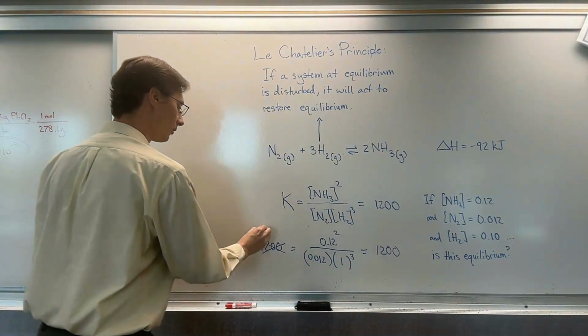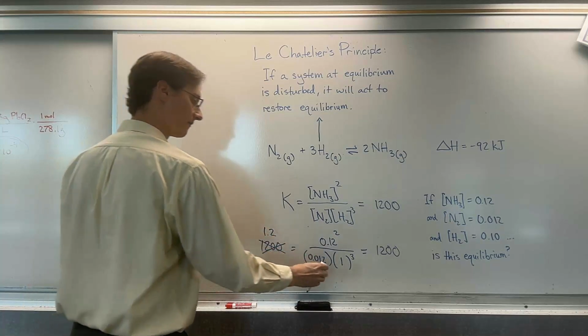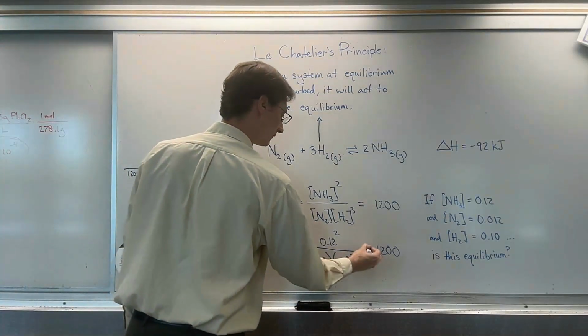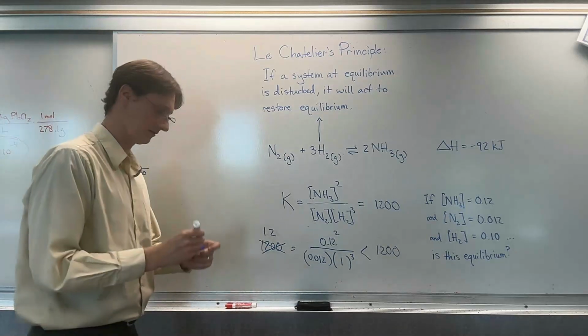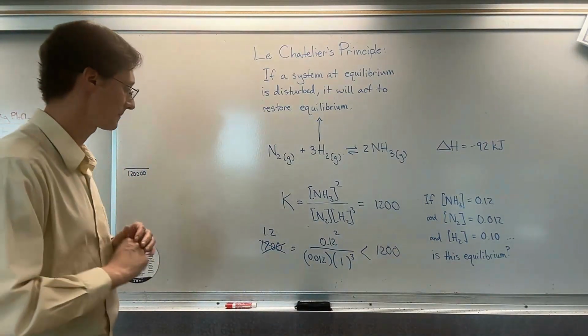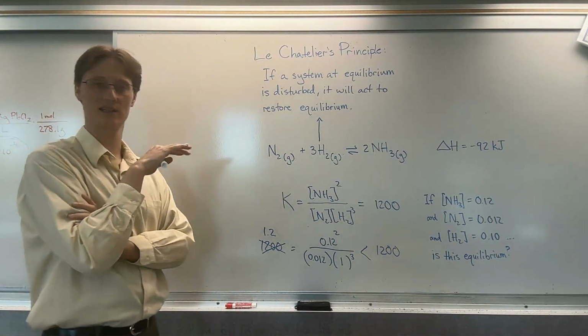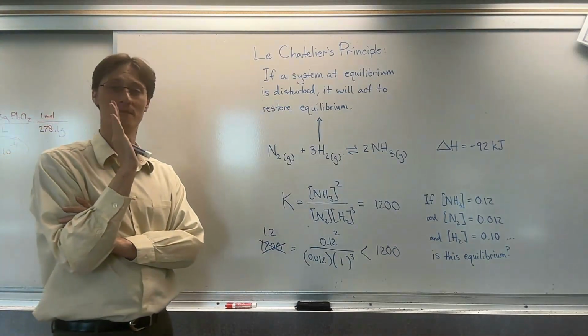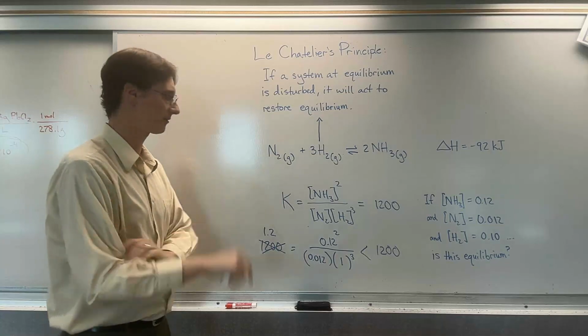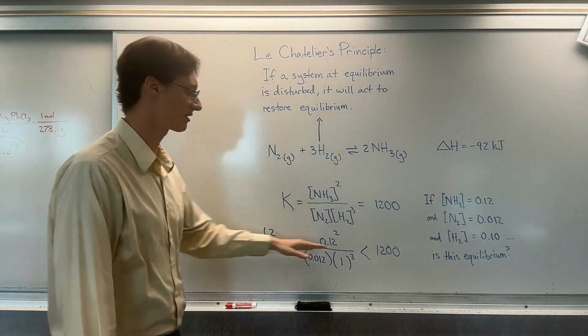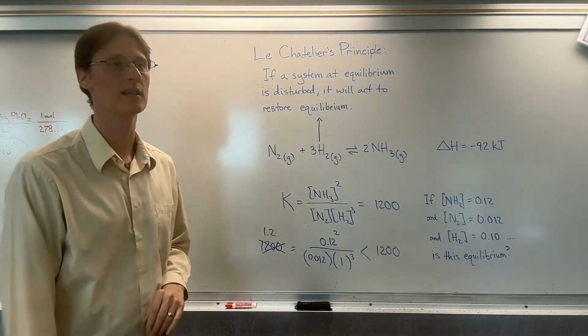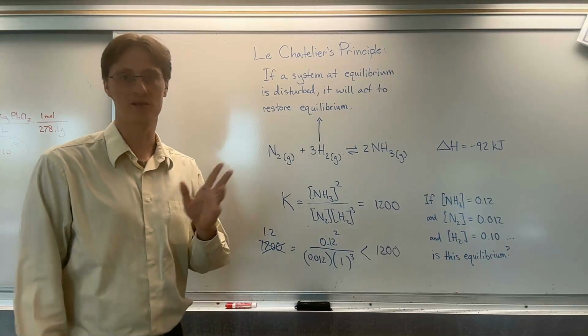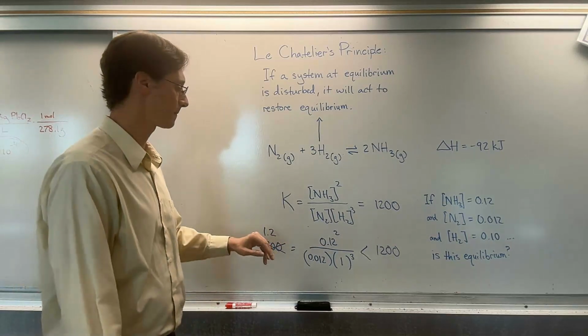This would now be 1.2, which is decidedly less than 1,200. So the system is not good with this, right? Now, if you think about mathematically what just happened, 1.2 is less than 1,200. One of two things, maybe both, is true here.